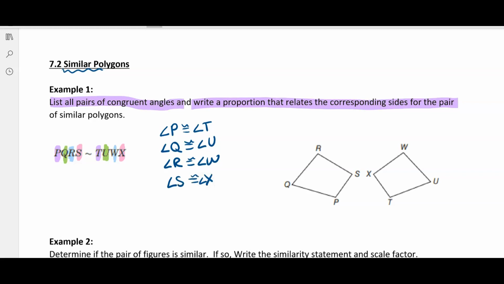Okay, so notice here how these are similar. When you're talking about triangles or shapes, some shape is going to be a squiggle to that shape. That squiggle is the notation for similar.